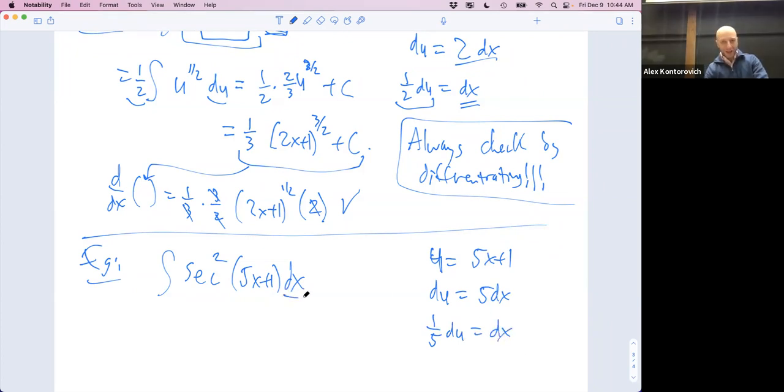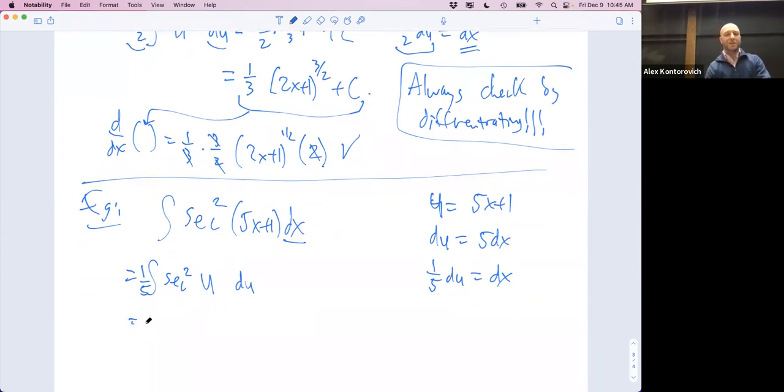Again, I just want to see every term exactly as it occurs. So this is equal to secant squared of u times 1/5 du. The antiderivative of secant squared is tan u plus c.